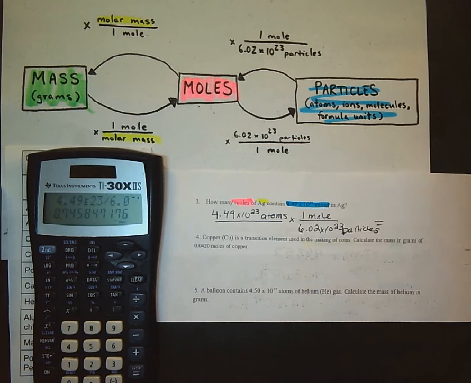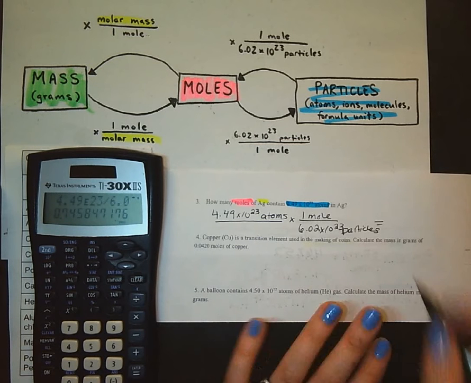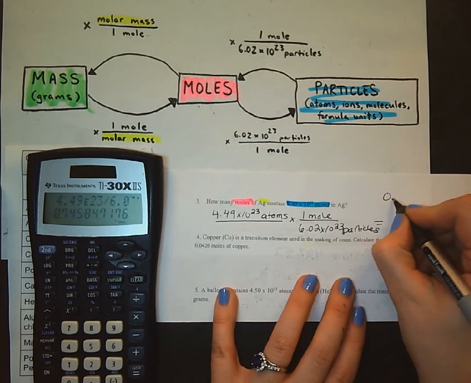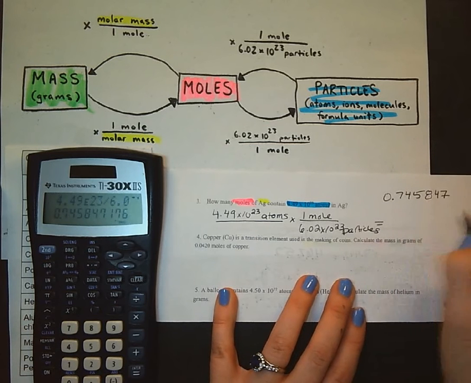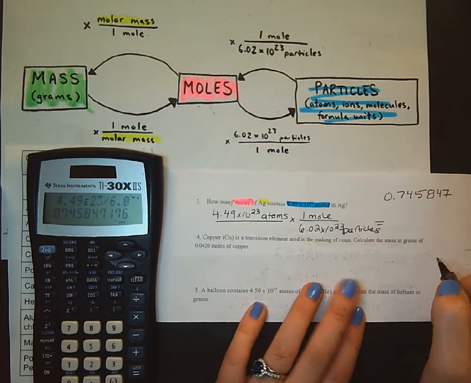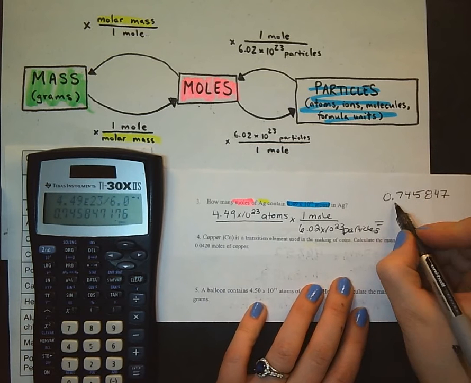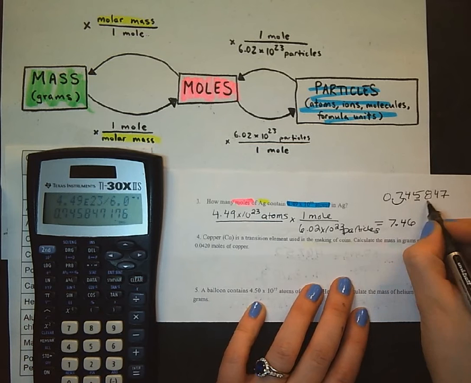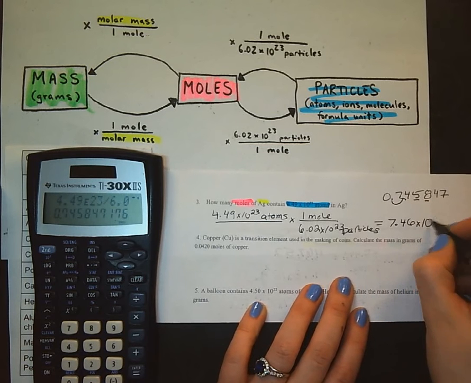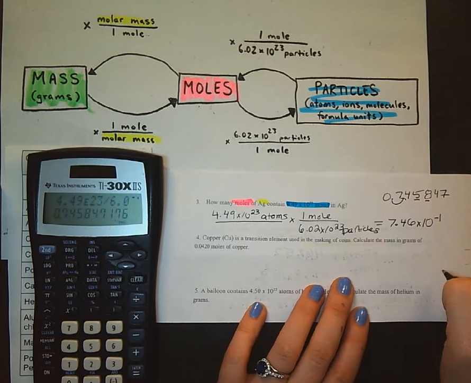So we are going to have to change this into scientific notation. 0.745847, and we don't have to write the whole thing because, again, we're only rounding to 2 decimal points anyways. So to change this into scientific notation, I'm going to move my decimal point only 1 spot, so I get 7.46, because this is greater than a 5, times 10 to the negative first moles, because that's a really small number.